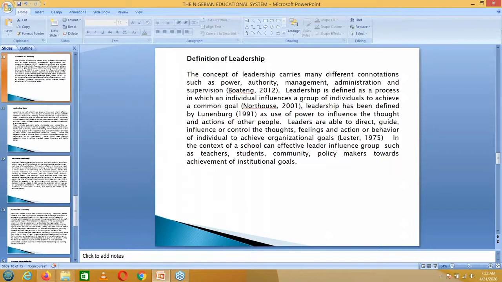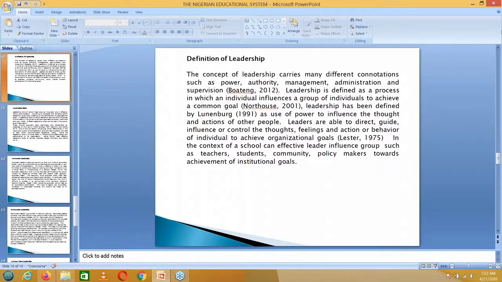That's why we define leadership as a process in which an individual influences a group of individuals. Leadership can also be defined as the use of power to influence the thoughts and actions of other people. There are ways we exercise authority over people, and there are different forms of leadership.